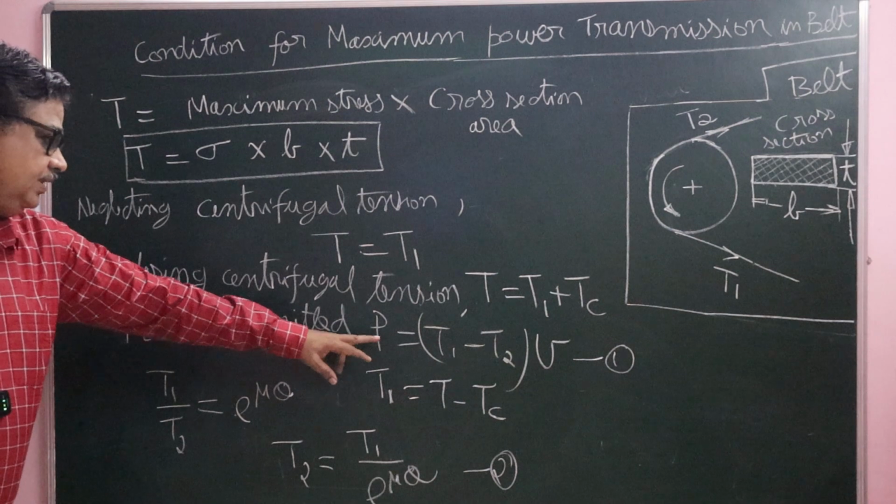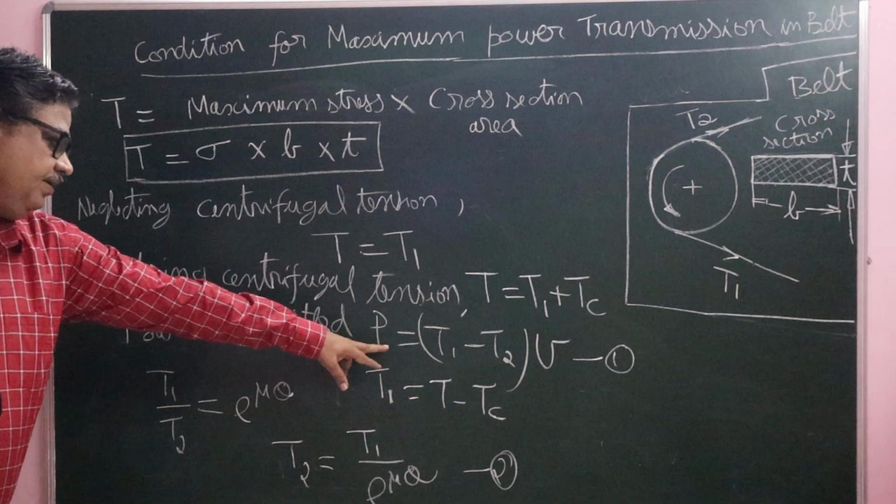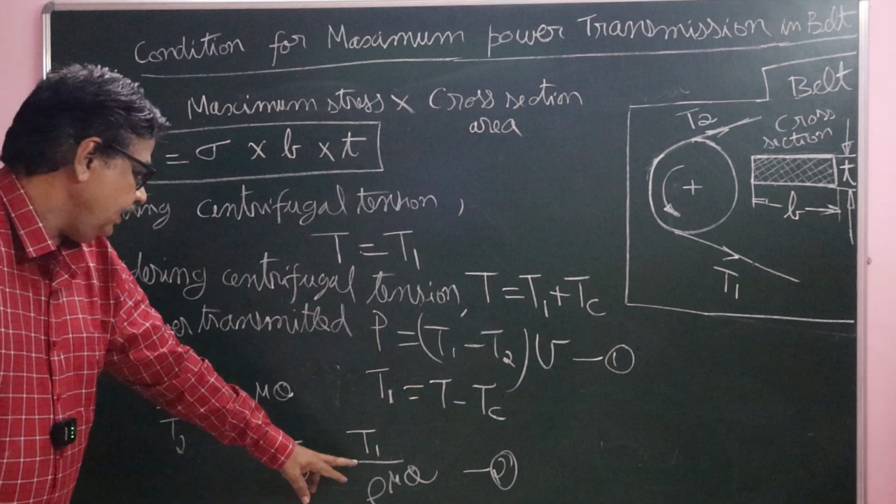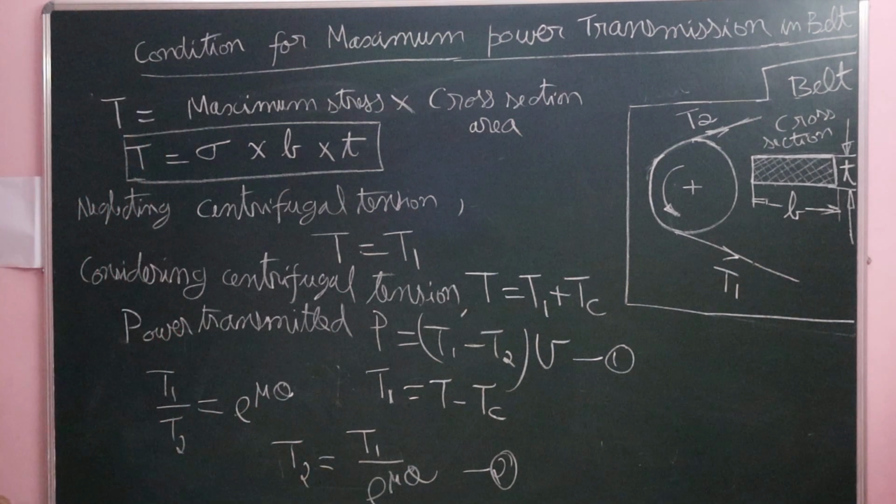Substitute 2 in 1. T1 minus T2 into V is the power transmitted, but T2 is equal to T1 divided by e power mu theta from the ratio of driving tensions.